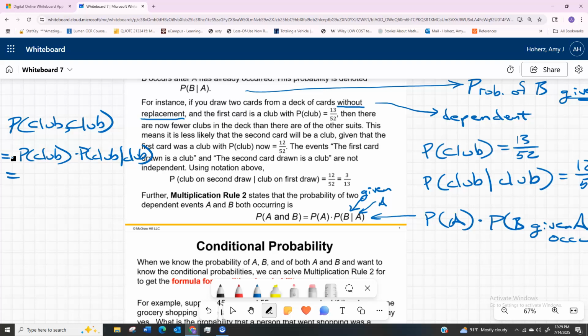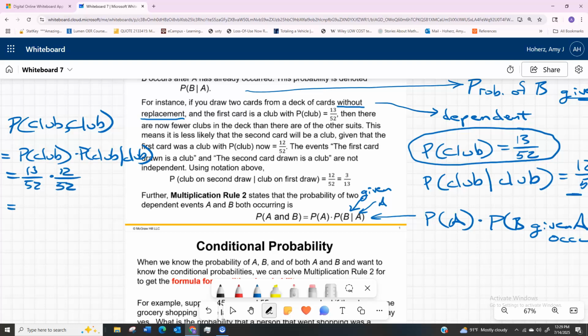Well, we know the probability of a club on the first draw before anything's been messed with was 13 out of 52. And then the probability of a club given you've already drawn a club, we determined that that was 12 out of 51.